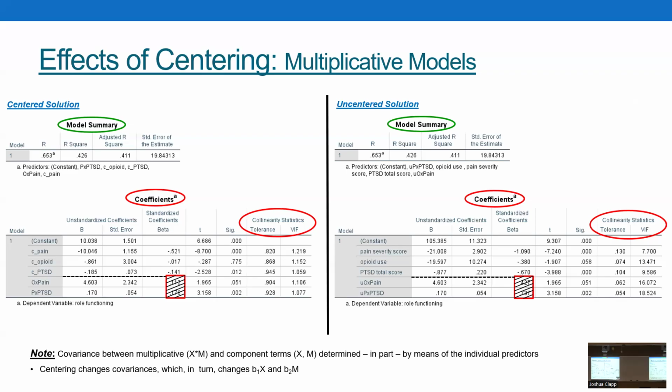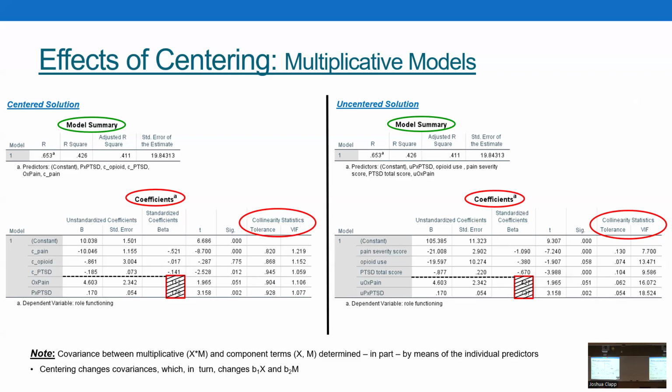And so this is one of the things historically that has been argued. One of the primary benefits of centering, in addition to interpretation, is that it addresses collinearity in your variables. Because your interactions are a function of your base term, you can have really high correlations between your interaction terms and your base effects, and those show up in some really messed up collinearity diagnostics.